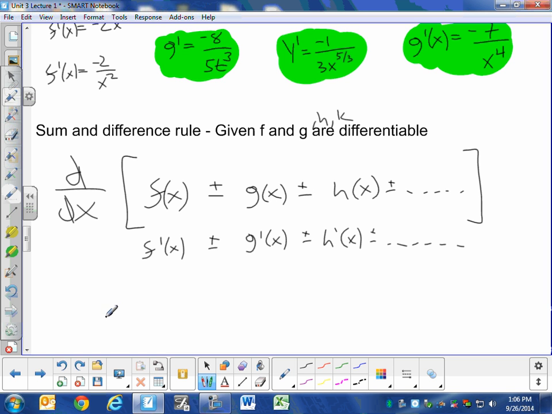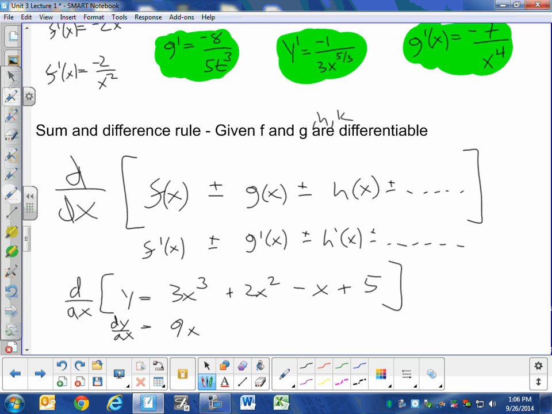So giving you a quick example of that, if I wanted to take the derivative of y equals 3x cubed plus 2x squared minus x plus 5, I would get dy dx, or y prime, is equal to 9x squared plus 4x minus 1 plus 0.